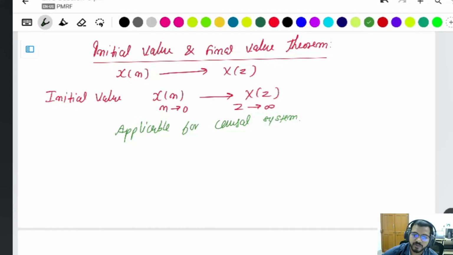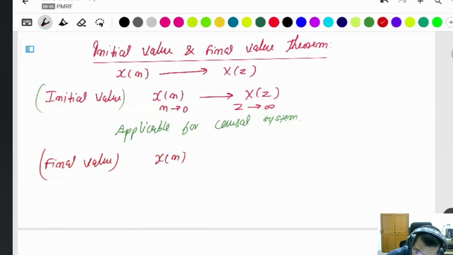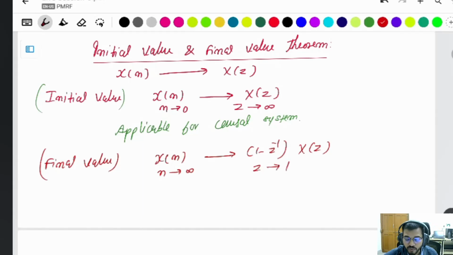For the final value, in the time domain n tends to infinity, this will be (1 minus z inverse) X(z), and z tends to, sorry, not 0, z tends to 1. You have to find the final value here.